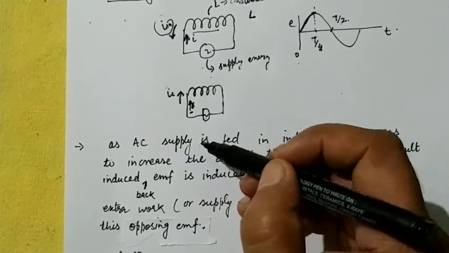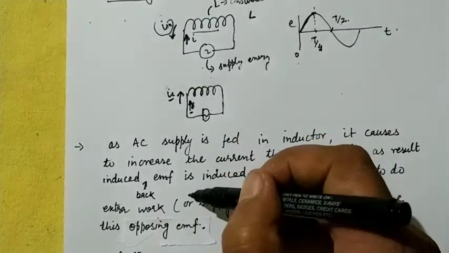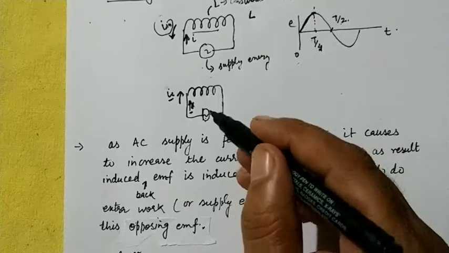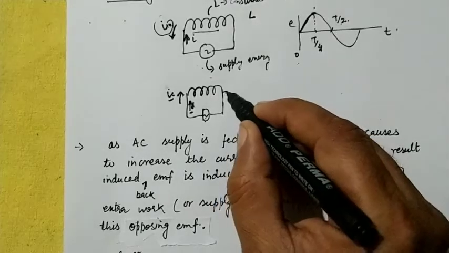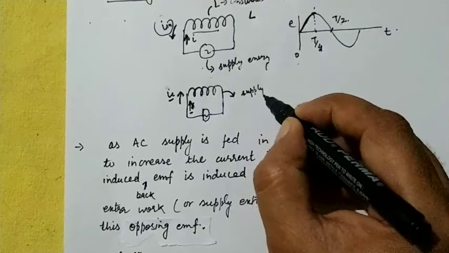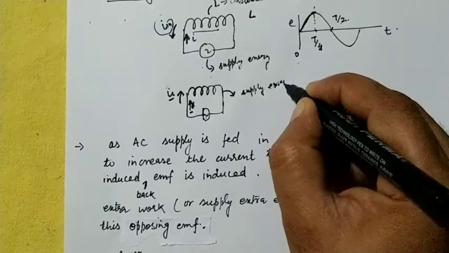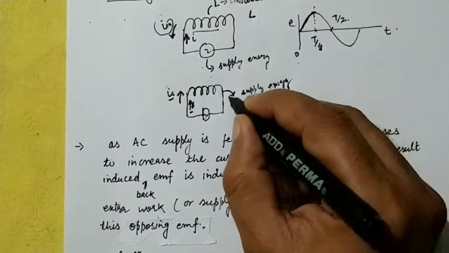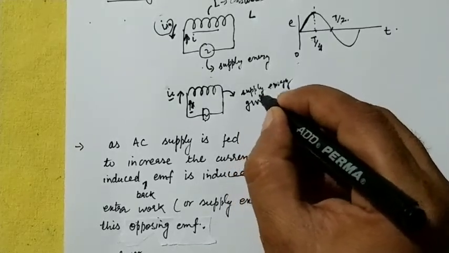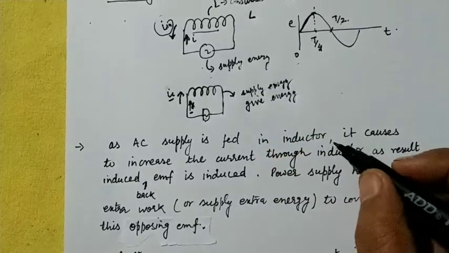Now you can see that this current supports the conventional current. That means the inductor is supplying the energy, or we can say it gives the energy to the electrical circuit.